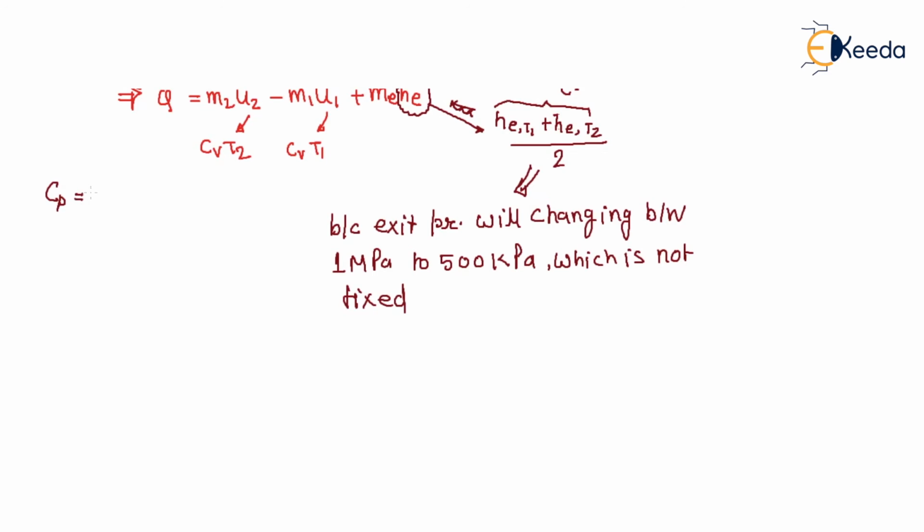Cp is given as 0.8418 and Cv is given as 0.6529. If you put in all the values, the heat transfer is 20.1 kilojoule.